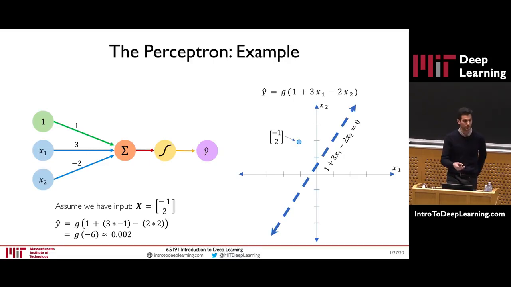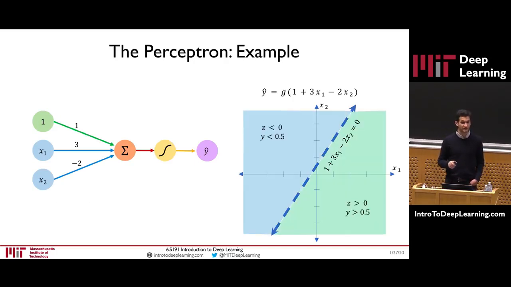When we apply a sigmoid nonlinearity, because sigmoid collapses everything between 0 and 1, anything greater than 0 is going to be above 0.5. Anything below 0 is going to be less than 0.5. So because -6 is less than 0, we're going to have a very low output, 0.002. And we can actually generalize this idea.